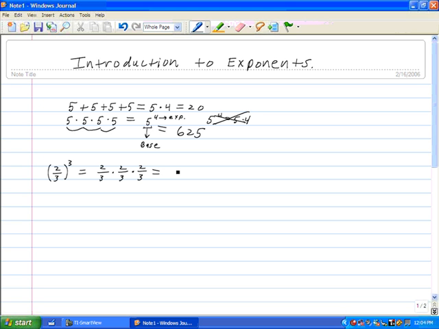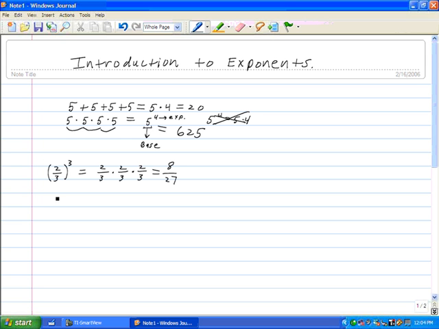Now as you remember, when you multiply a fraction, you multiply straight across. So for the top, 2 to the third: 2 times 2 is 4, times 2 again is 8. Now for the 3: 3 times 3 is 9, times 3 again is 27.